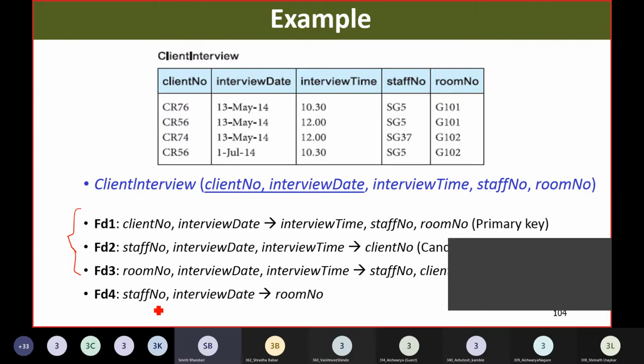And what that dependency is, see here, staff number, interview date determines room number is the functional dependency that we are identifying here. What is the dependency? Staff number, interview date is determining room number. Do you agree with me? Is this a valid dependency that we may have?